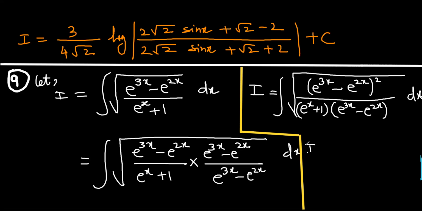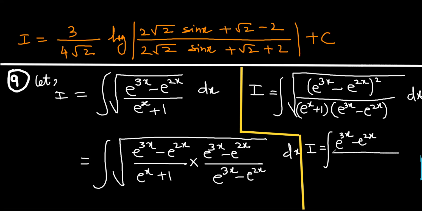As we were working for, the numerator becomes square root free because you have got a square here. Square root of a square is a. So you have e raised to 3x minus e raised to 2x outside the square root.